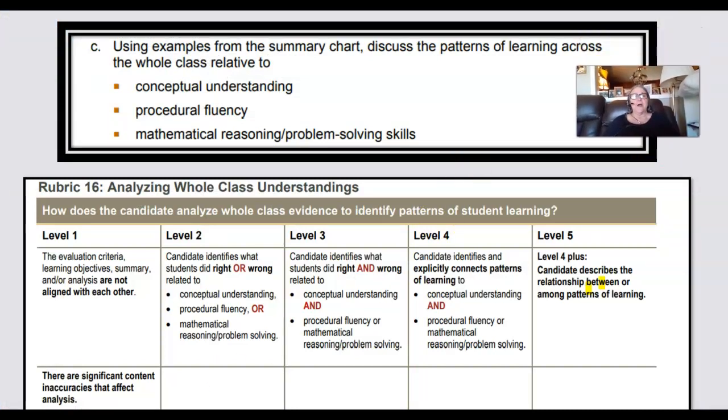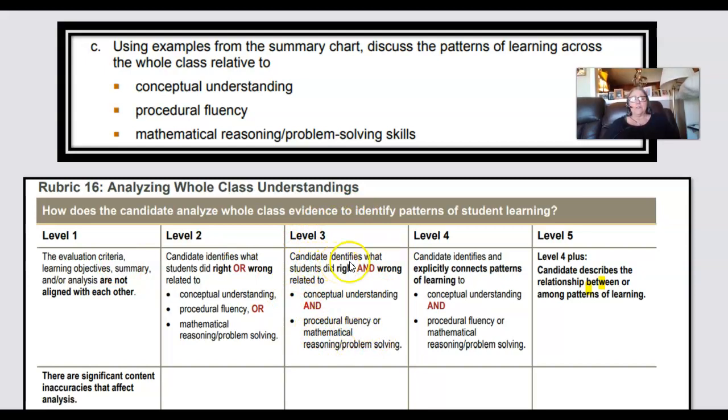Now here's the question you've got to answer. Most of the points that come from Rubric 16 come from this answer. Rubric 16 is scored from prompt 1. They also will look at your formative assessment and your evaluation criteria, but the primary source is your response to prompt 1. So the first thing, a scorer starts at level 3, and they identify.